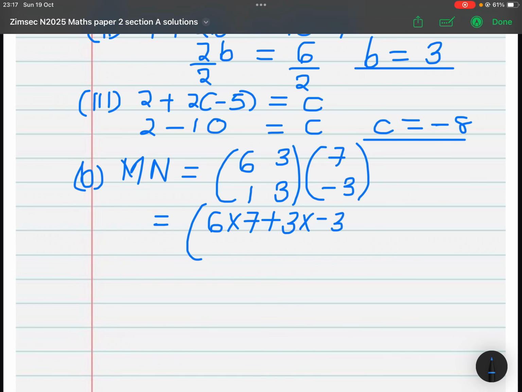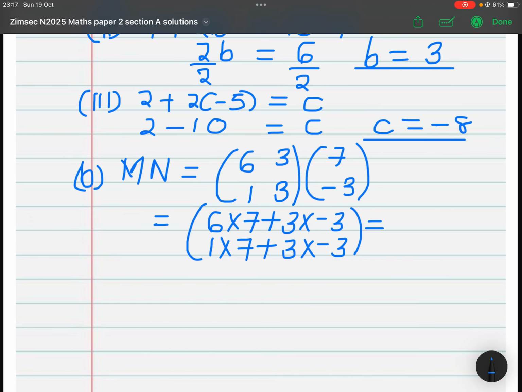Next we said 6 times 7 plus 3 times minus 3. And then next we say 1 times 7 plus 3 times minus 3. So we need to simplify. If we say 6 times 7, we get 42.